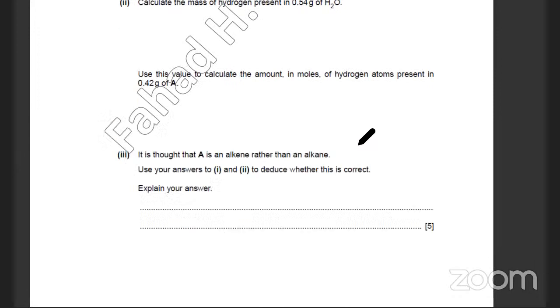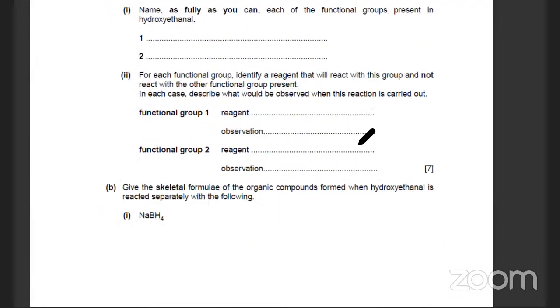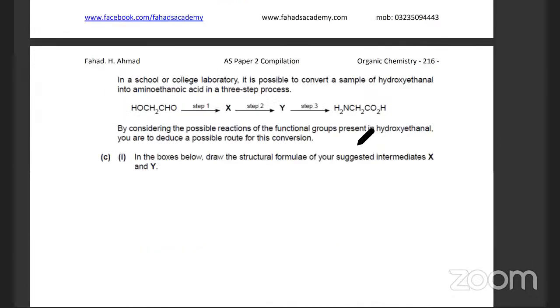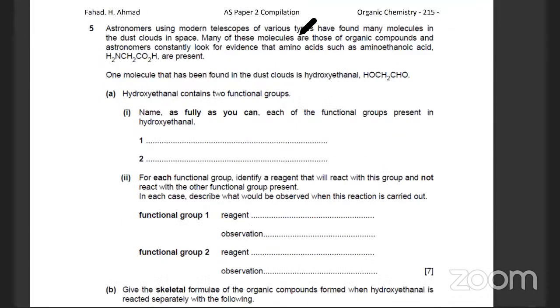As a next one, I'll skip the moles question, just doing organic. Let's try this one. Astronomers using modern telescopes of various types have found many molecules in the dust clouds in space. Many of these are organic compounds, and astronomers are constantly looking for evidence that amino acids, such as aminoethanoic acid, are present.